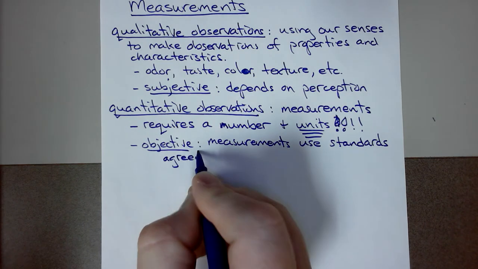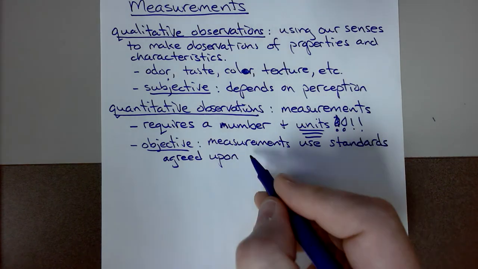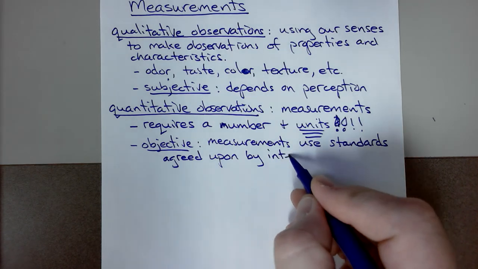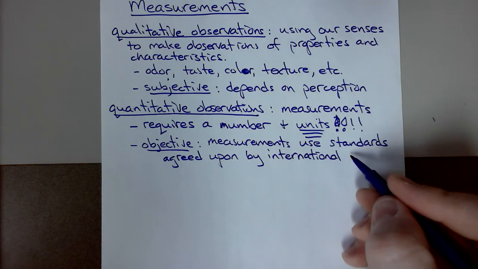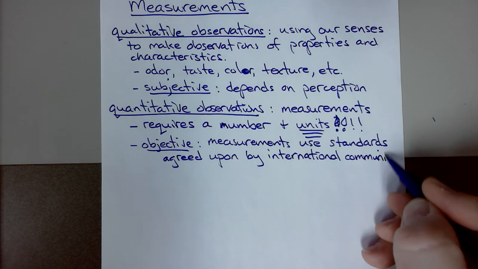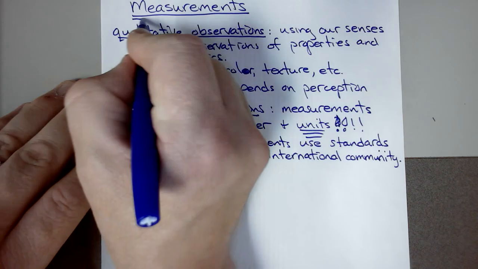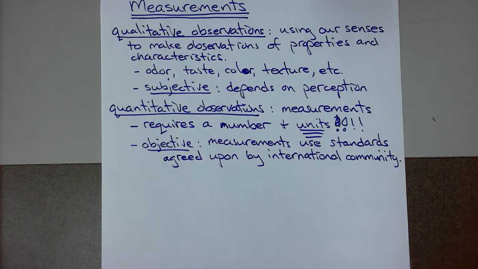So when you make one measurement somewhere in one country and you report it, another person in a different country can make the exact same type of measurement because we have a standard for that measurement. A lot of times we call them standard international units. So measurements have standards, and therefore it'll be the same throughout the world, and we don't have to worry about the ambiguity that occurs with qualitative observations.